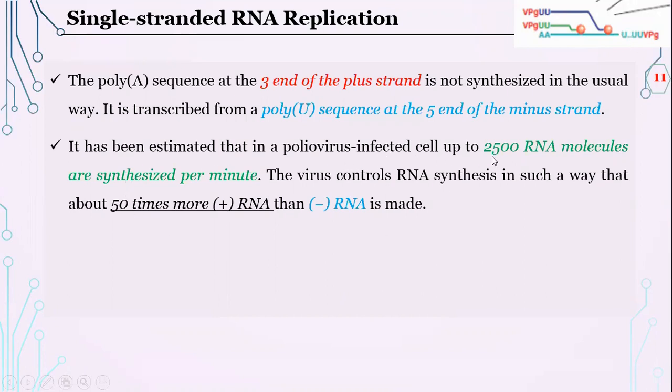It has been estimated that in a poliovirus infected cell, 2,500 RNA molecules are synthesized per minute.